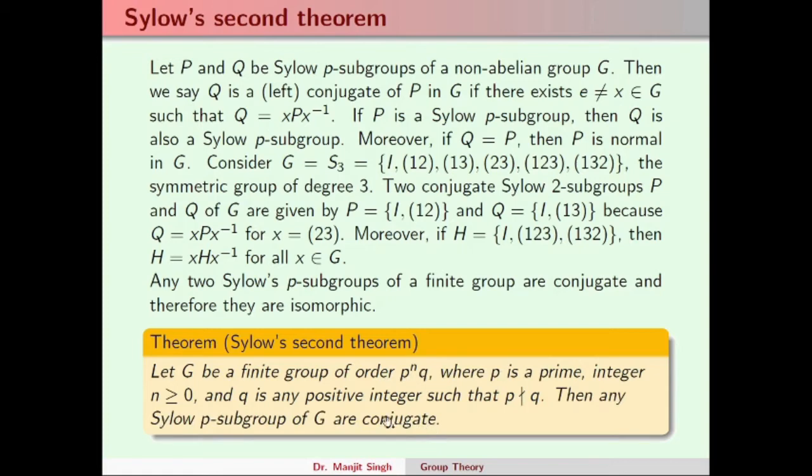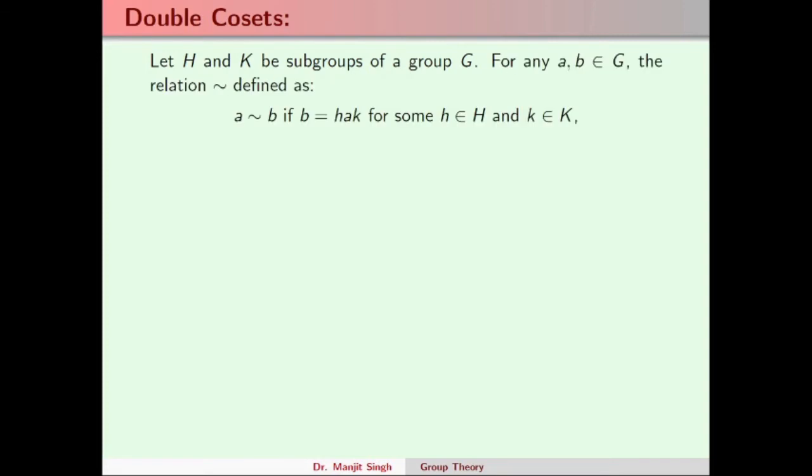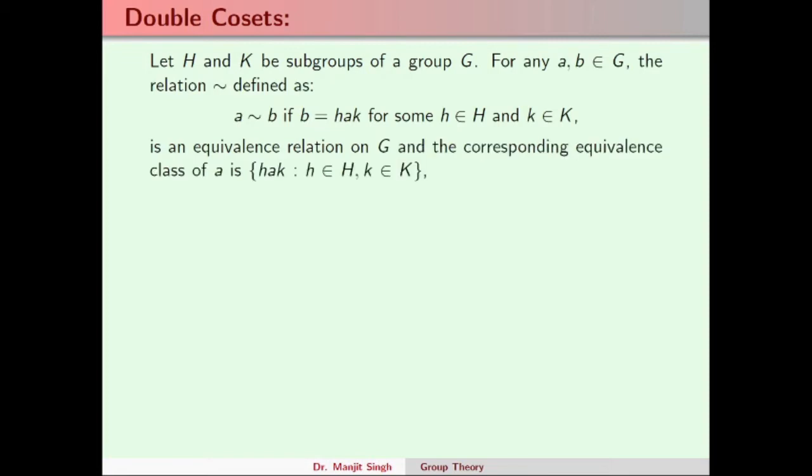So we will see if we consider two Sylow P-subgroups, then we will prove that Q will be a conjugate of P. Before proving this, we will define the double cosets concept. This concept is similar to the single coset concept, and there is nothing new.